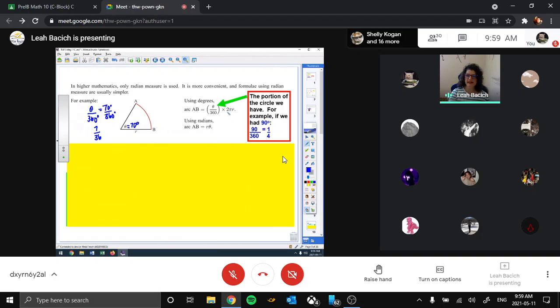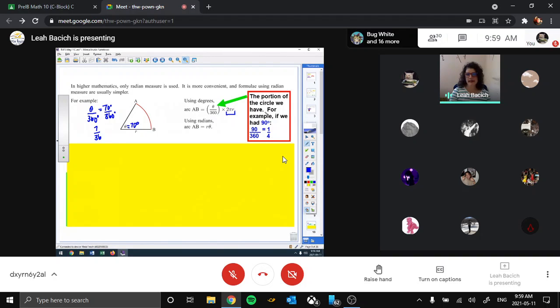But to put it into radians, I actually have to multiply it by 2 pi r to put it into radians. So using degrees, we're talking about what degrees we have over the 360 total and then multiplying it by 2 pi r. Well, what's the radius of the circle we're talking about? We're talking about a radius of 1.